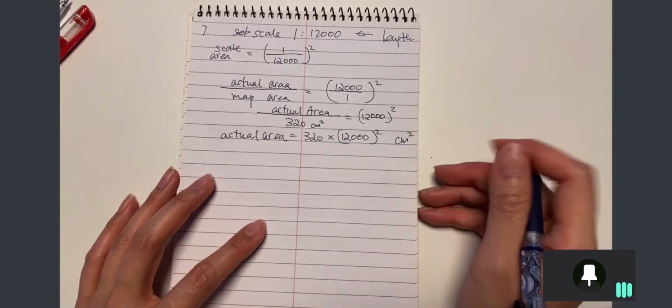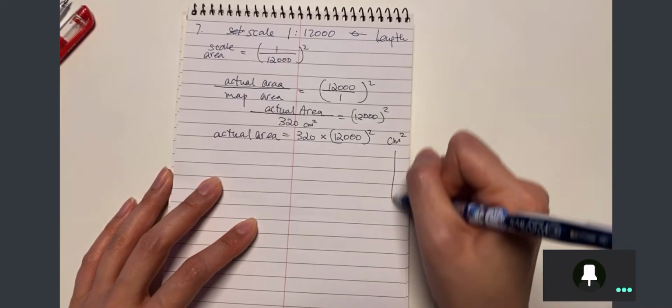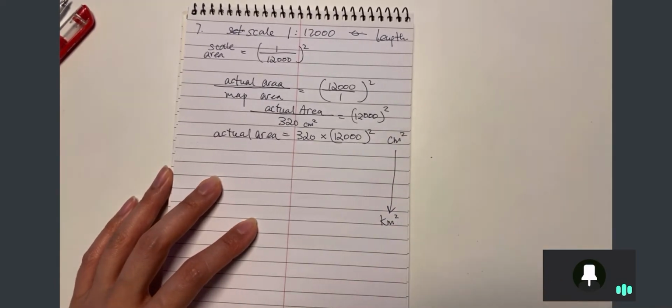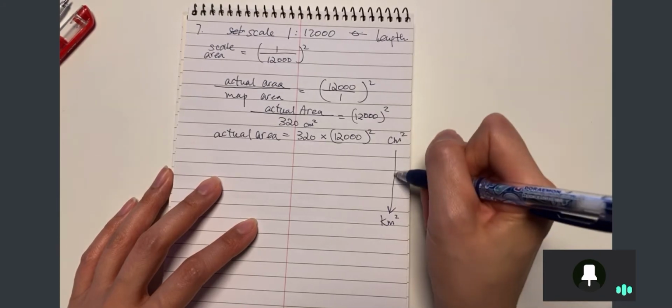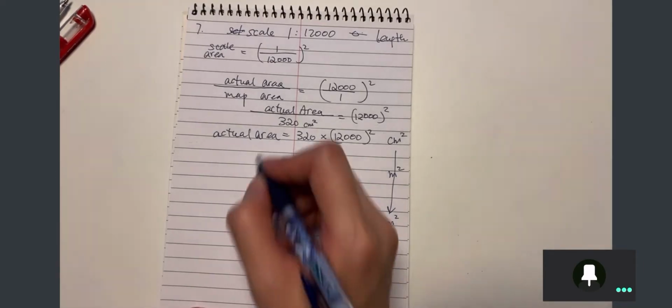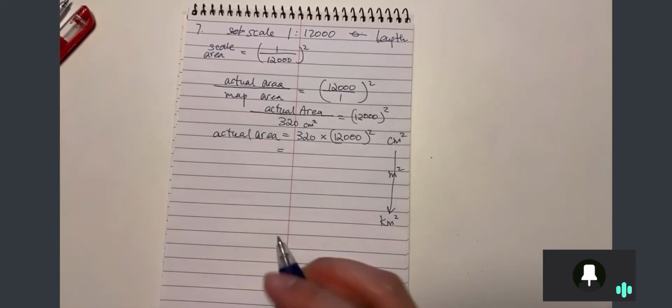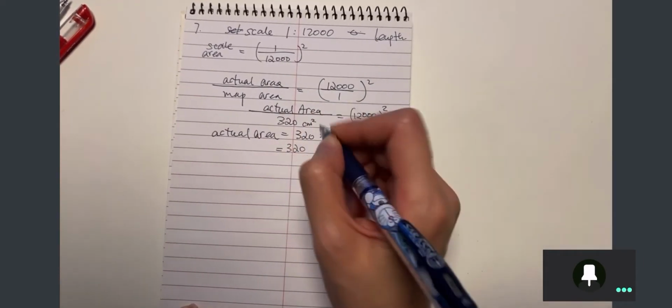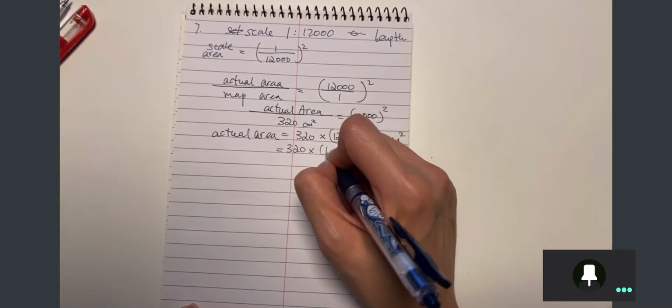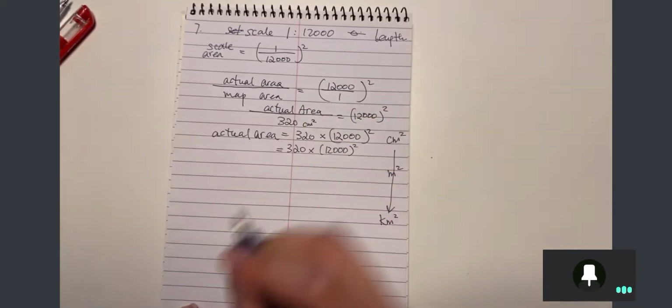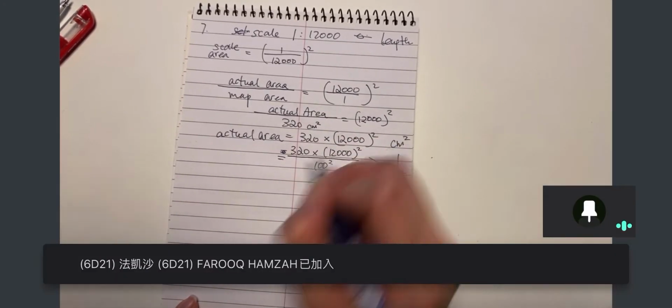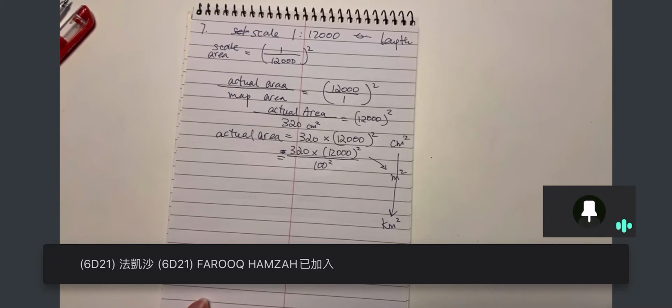Okay, and then it is asking for km square, right? Before changing to km square, we need to change it to meter square. Is it divide? Yes, divide. So 320 times 12,000 square. If we need to change it to meter square, we need to divide by 100 square, right?